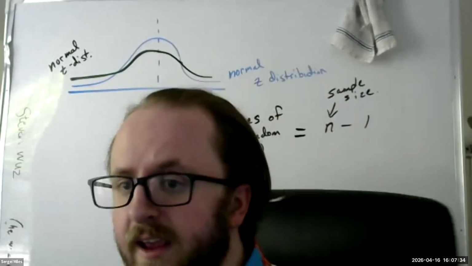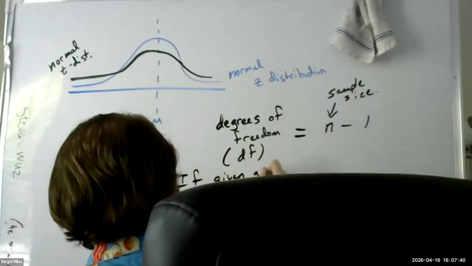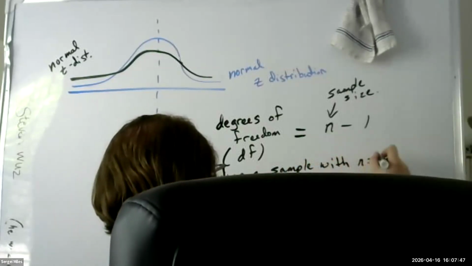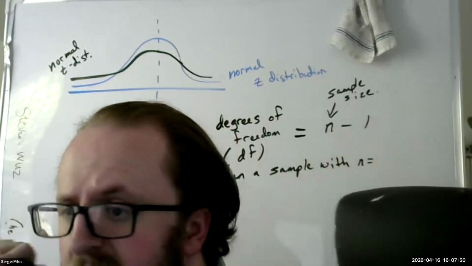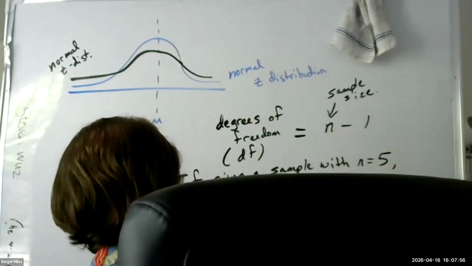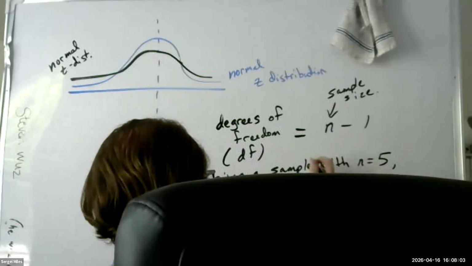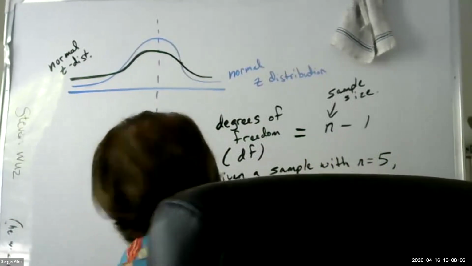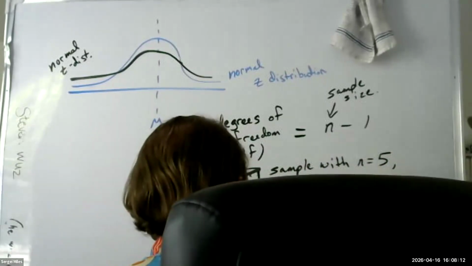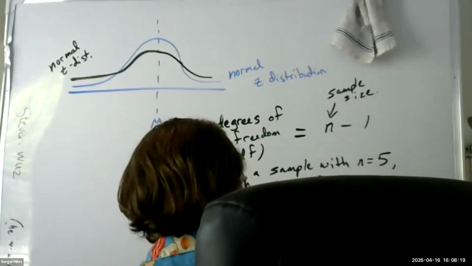So for example, given a sample with n equal to 5, find t alpha over 2 for a 95% confidence interval.